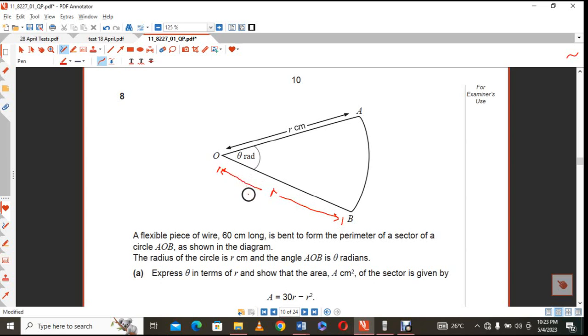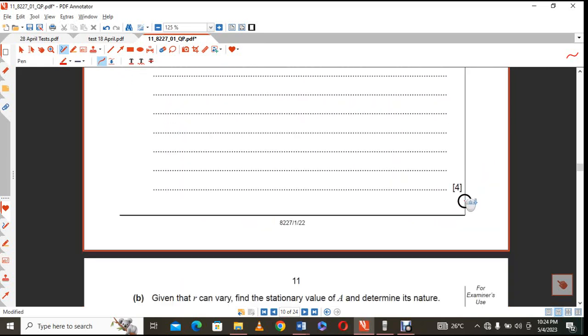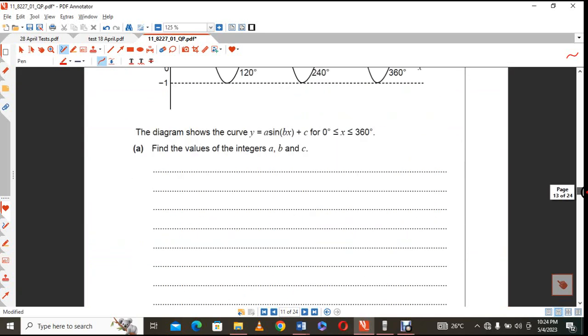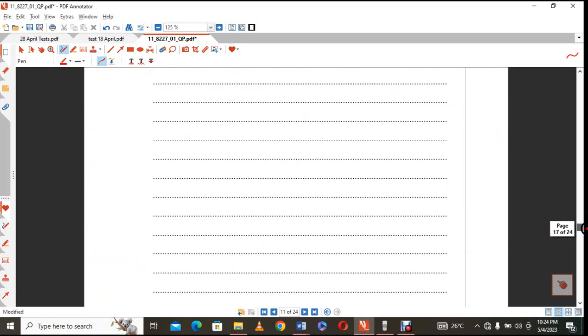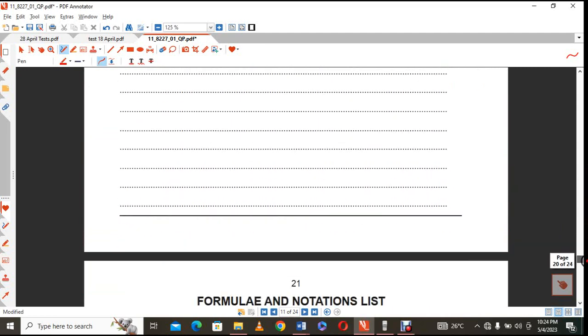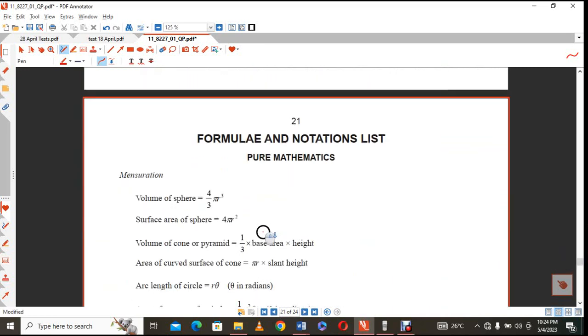Another thing worth noting is the arc length. This is given in radians, and your paper has a formula sheet for how you will find the arc length. When you go to the list of formulae and notations, towards the end of the question paper, you can find those formulae if you need them.